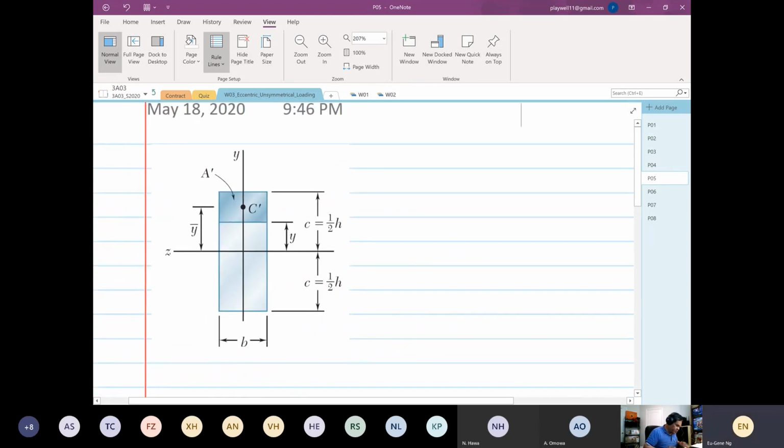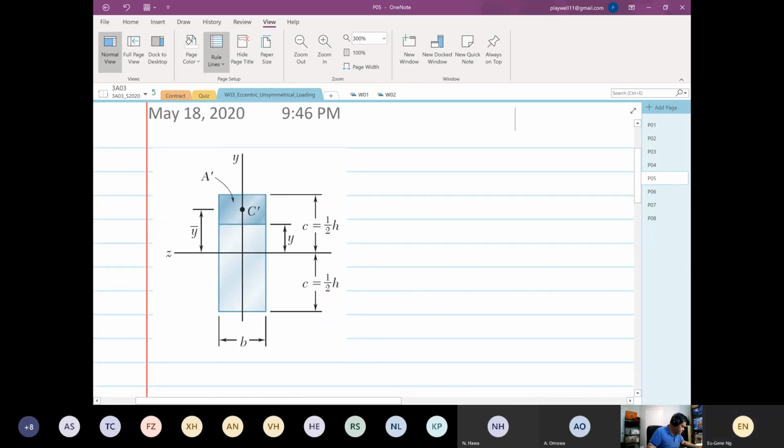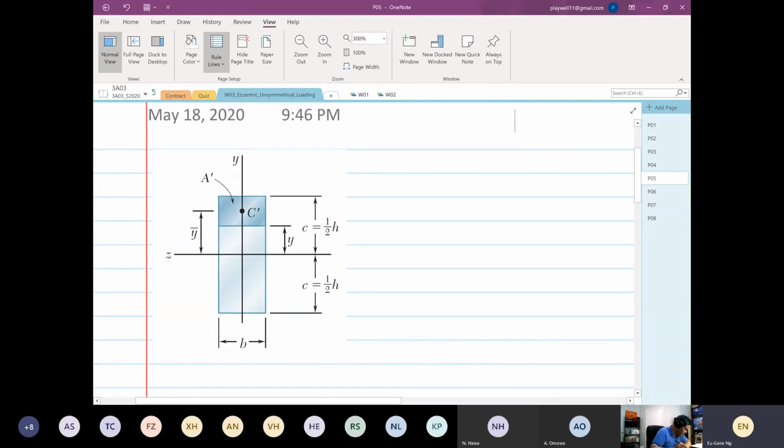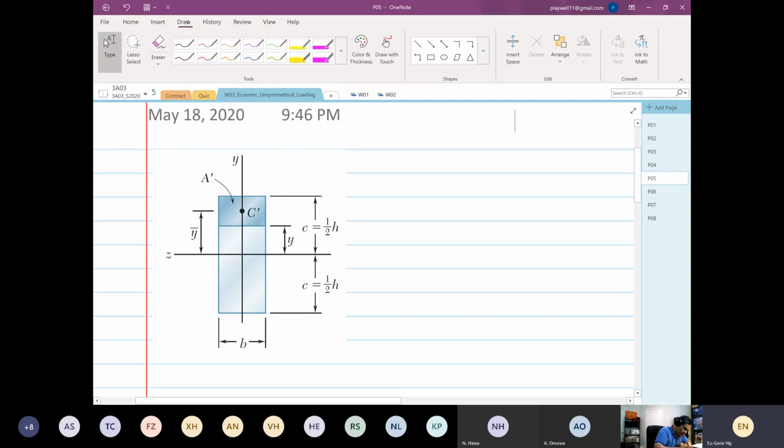So the first expression we're going to write is we're going to find the first moment of area about the z-axis.